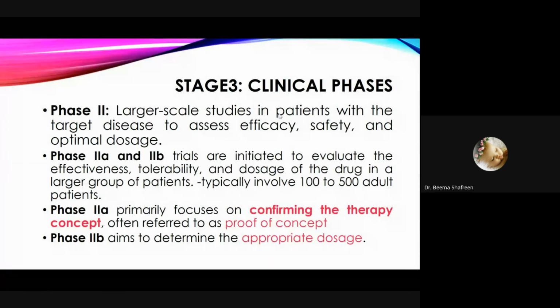Previously it was on healthy volunteers, and here it will be patients, where they will be given a dosage in order to check the effectiveness, tolerability, as well as the dosage of the drug in larger groups of patients. Primarily it will focus on confirming the therapy concept, which is the proof of concept. This phase is further classified into 2A and 2B, where 2A is confirming the therapy, and 2B is to determine the appropriate dosage.